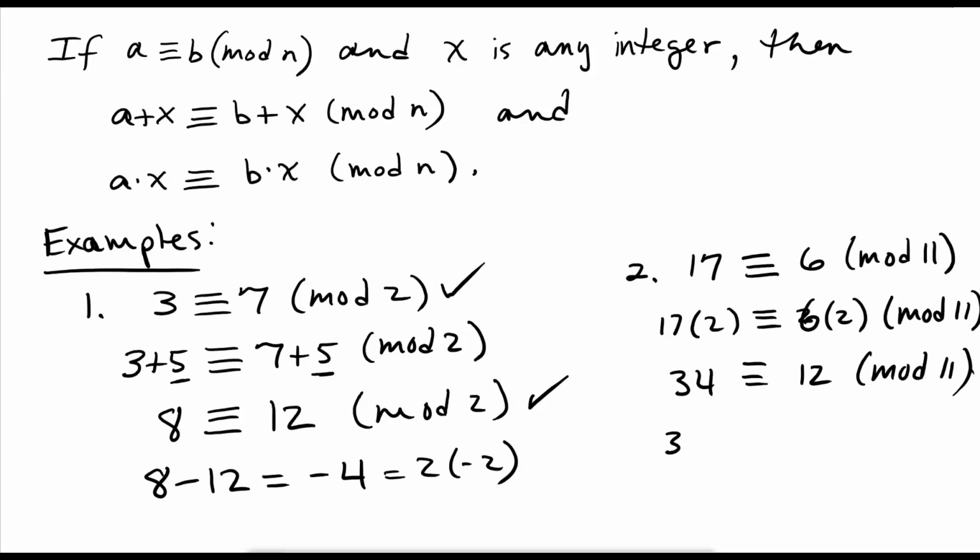Well, that would mean that 34 minus 12 should be a multiple of 11. What's 34 minus 12? That gives me 22, which is equal to 11 times 2. So yes, assuming that my first two numbers are congruent modulo n, I can multiply the same number on both sides to each of the numbers, and they will be congruent as well.